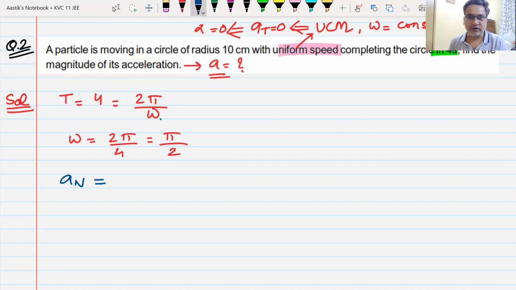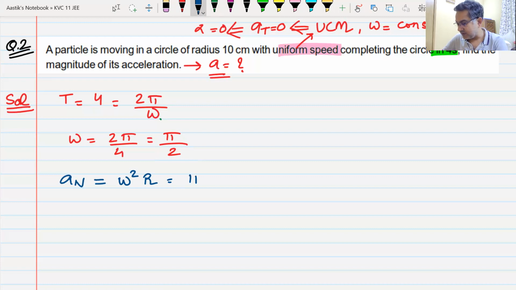What is the value of its normal or centripetal acceleration? Normal or centripetal acceleration is omega square multiplied by r, where r is the radius of the circle.